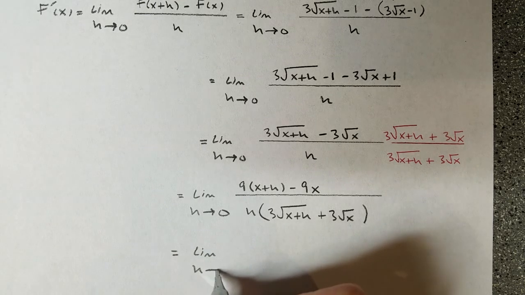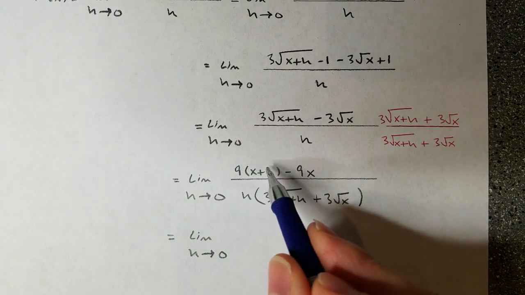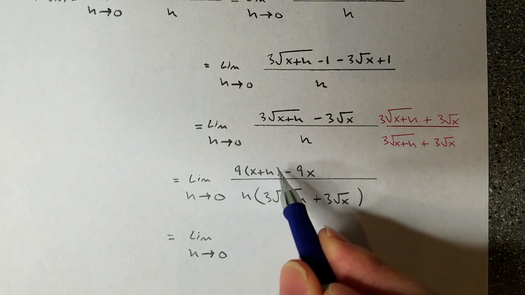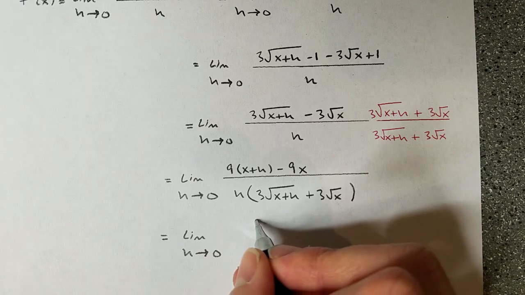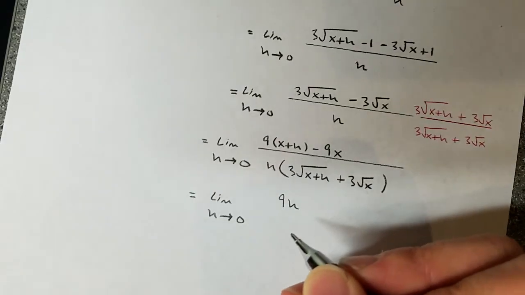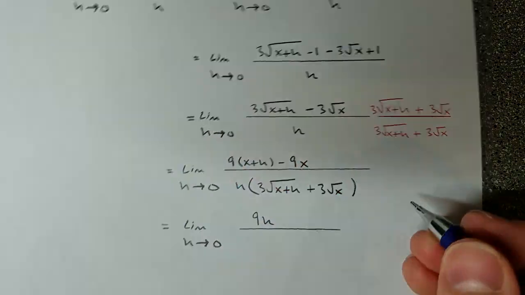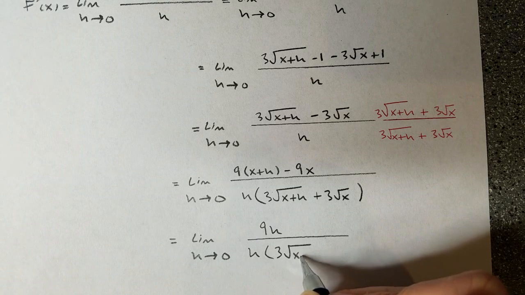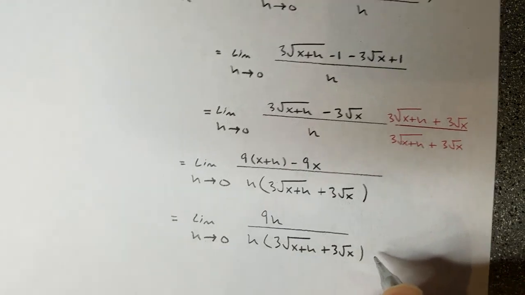What else cancels? What else can we combine? Imagine if you distributed that 9. It would be 9x plus 9h minus 9x. Oh, the 9x's are going to cancel. We'll get 9h. That's all that's going to be left on top. Then we'll get an h down here. A 3 root x plus h plus 3 root x.